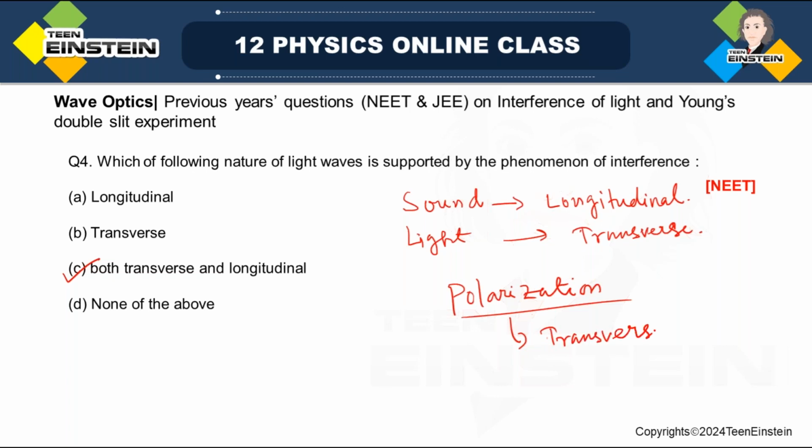In the case of polarization, we can say the transverse nature of the light is supported. But in this case, since we see the interference pattern in both longitudinal and transverse waves, it occurs in both cases. Hence we can choose the third option. Okay.